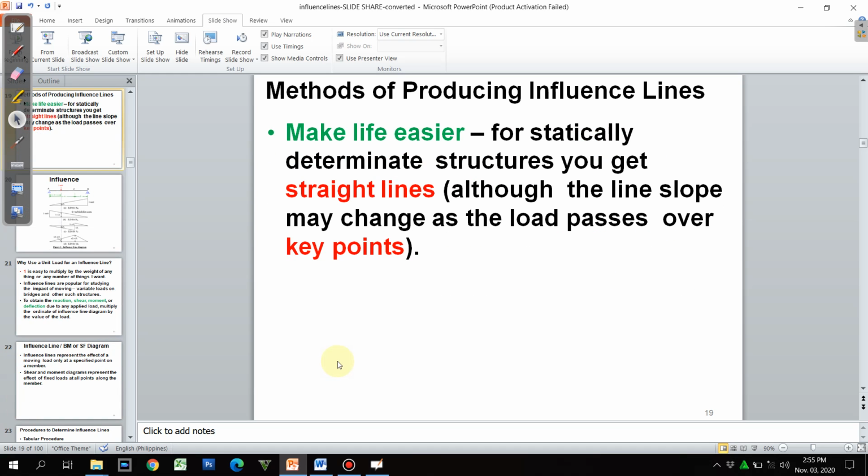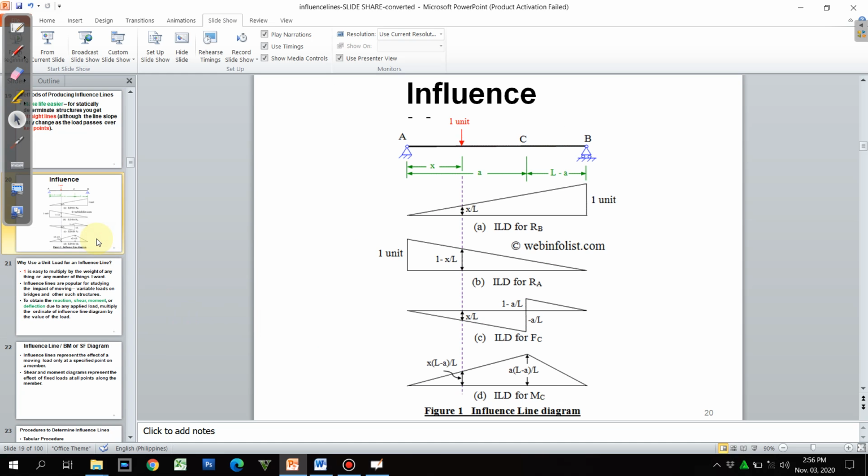To make life easier, for statically determinate structures you get straight lines, although the slope of the line may change as the load passes over key points. So normally your influence line is represented by straight lines, as you can see in the sample.